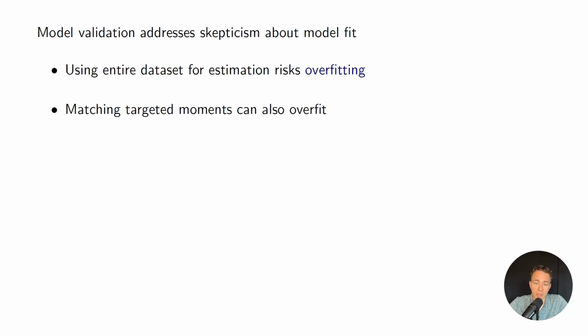We can also be overfit if we're only matching on the targeted moments. So another way of saying that the model is overfit is that it only fits well on moments that it directly targeted and it fits poorly on other moments of the data.